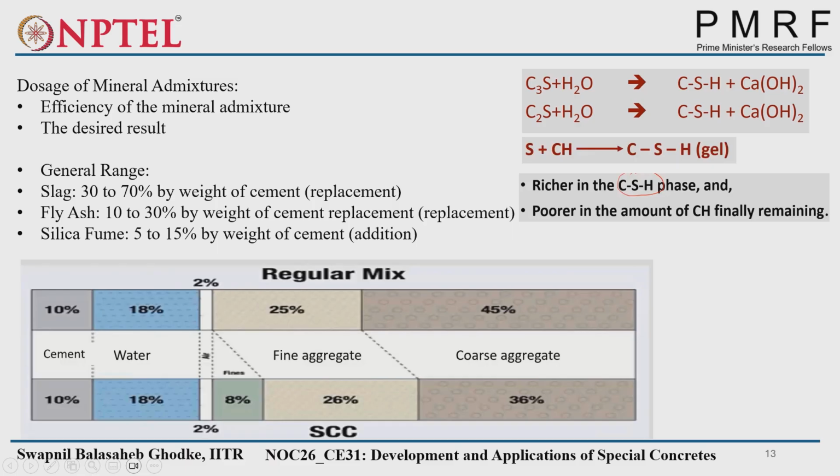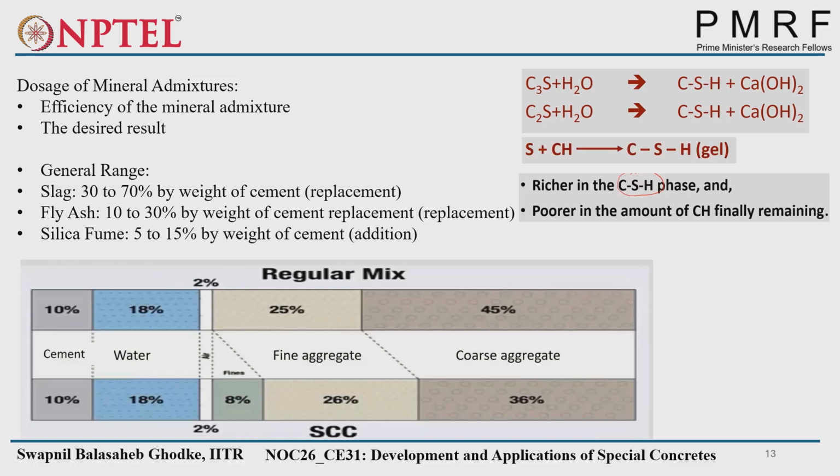Mainly silica fume and fly ash. So you see 10% cement, 18% water, 2% air is there, but this 8% will be what we call mineral admixture. So extra paste content will be available in the self compacting concrete.